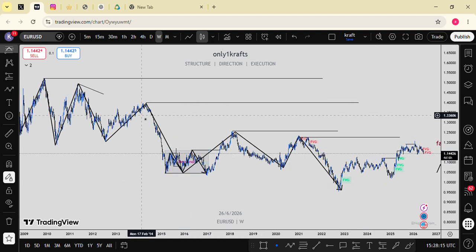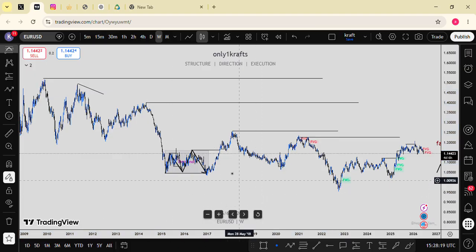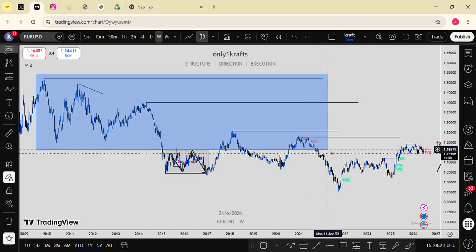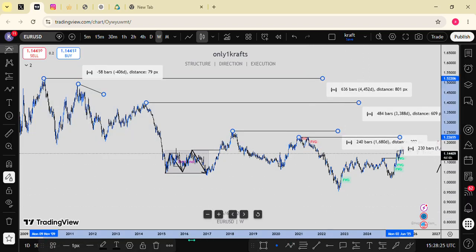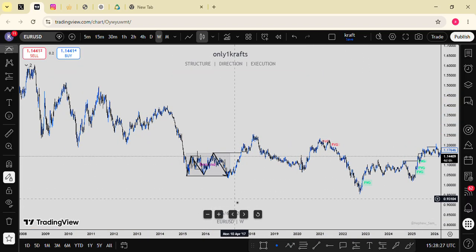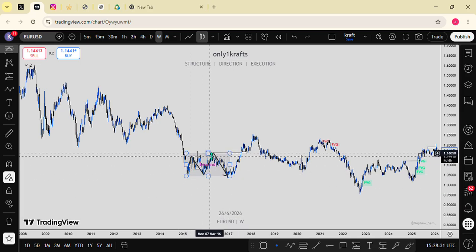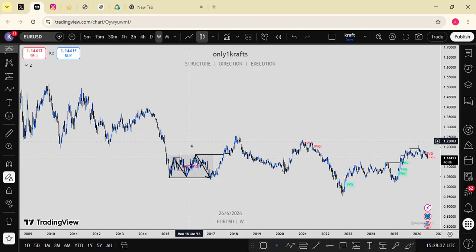So what happened in this scenario is that after price gave us this low, the buyers were supposed to give us the retracement move, the correctional move.